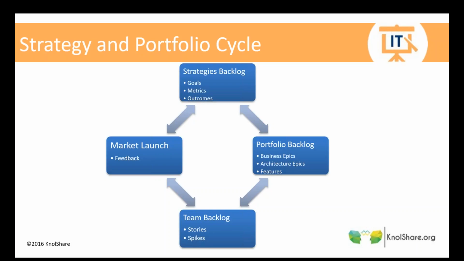So through this great dialogue that I've had with you guys for the past 55 minutes or so, where we really want to get to is this strategy and portfolio cycle, where we have this strategy backlog defined by many people, where we have goals, metrics, and outcomes, and that gets filtered into our Agile portfolio backlog.